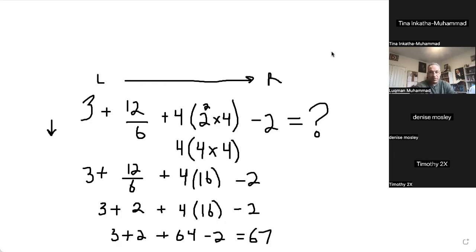Now, if I was to show you something like this, let's say this. If I said 6 plus, this is, let's see, 4 times.